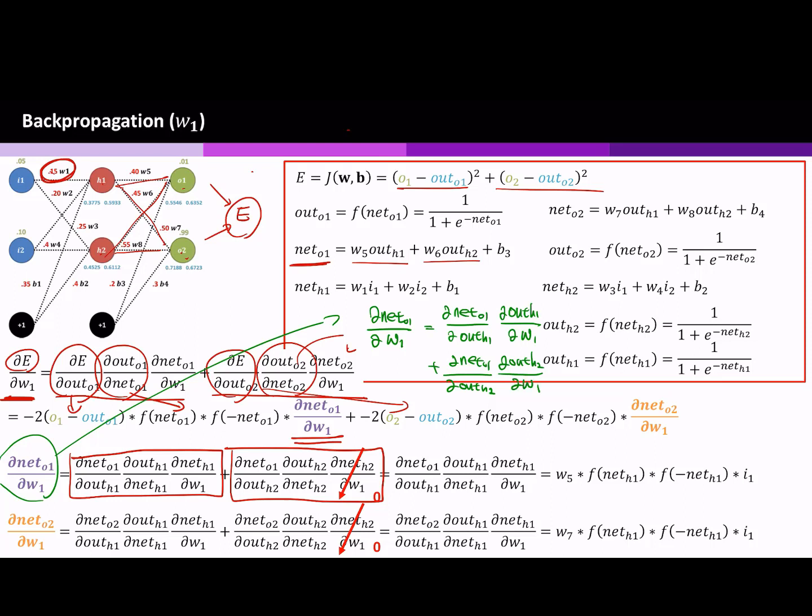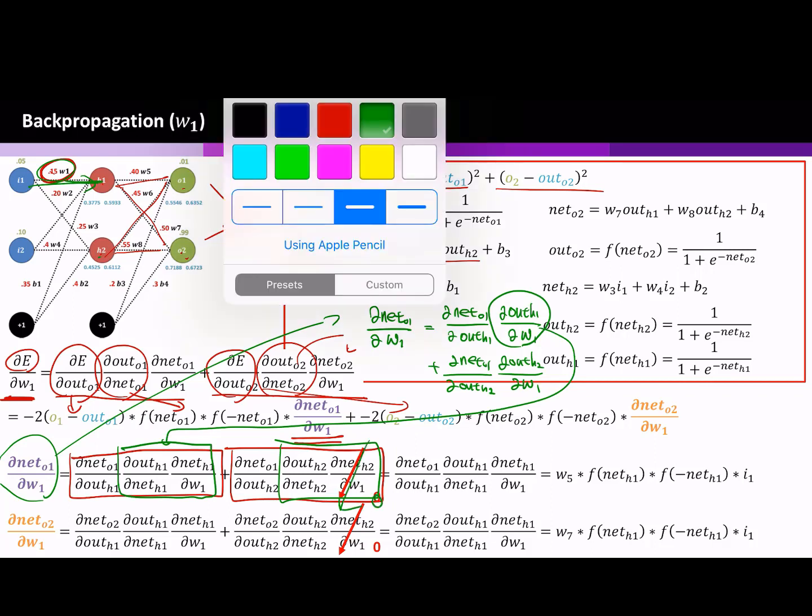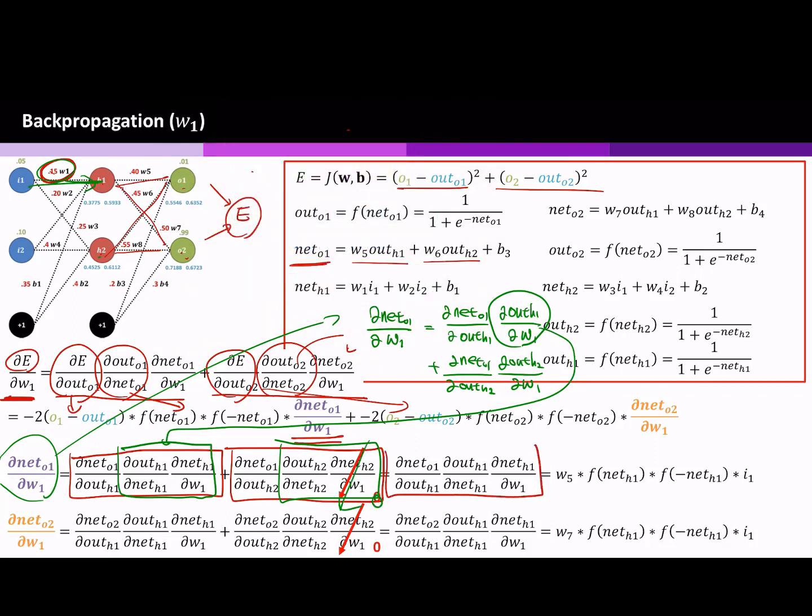But we can expand this using these two terms. What is this value? It is partial net H2 over partial W1. W1 is not connected to H2, right? W1 is connected only to H1, so this is 0. You can only compute this value.